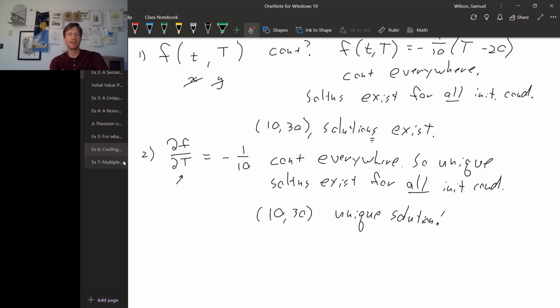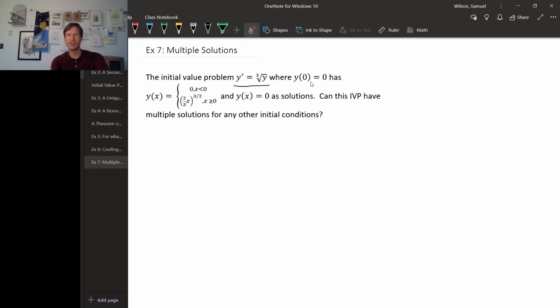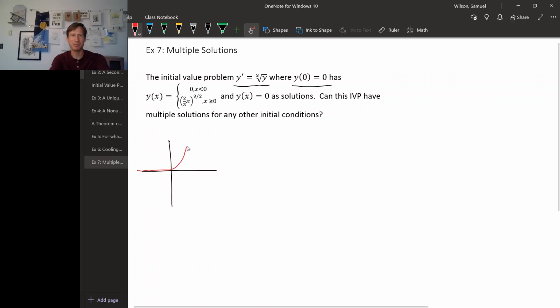All right, final example. Let's go back to this differential equation, which, remember, had these two solutions for the initial value y of 0 equals 0. So we had this piecewise solution that was 0 for a while and then jumped up away from 0. And we had another solution that just stayed 0 forever. And in fact, there are many other solutions.